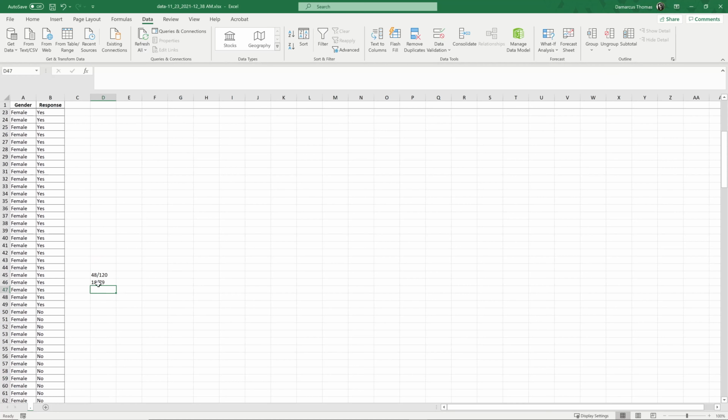These are somewhat similar, actually. I don't think they're that much different. Let's convert that. 18 divided by 79 is 0.22, and 48 divided by 120 is 0.4.